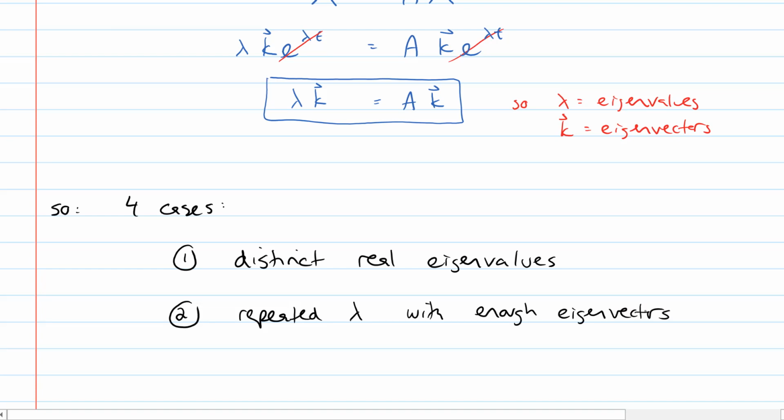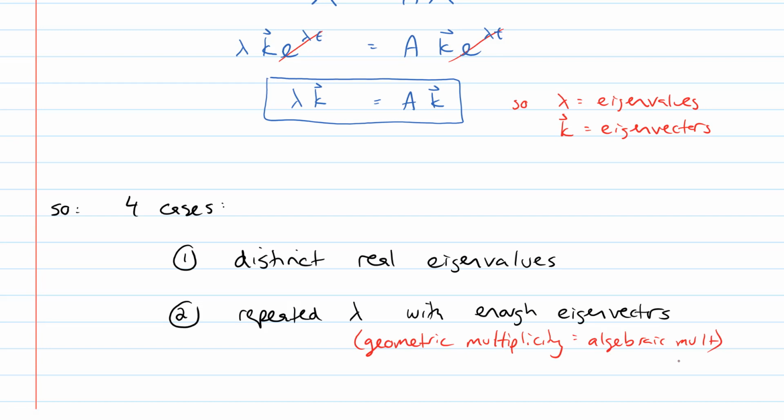What does enough mean? It means that the geometric multiplicity is equal to the algebraic multiplicity. And so you'll recall that the multiplicity of an eigenvalue is the number of times that it occurs.